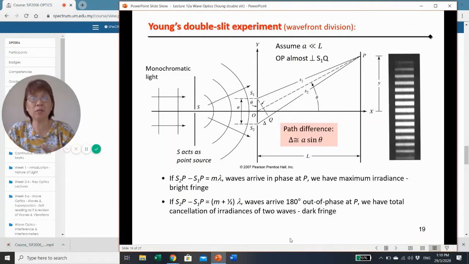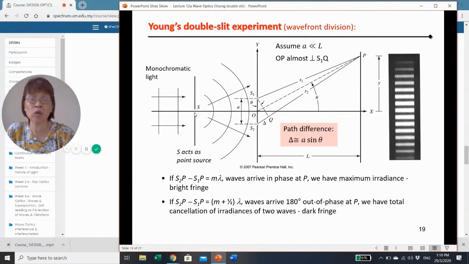We will now apply what we learned about interference to Young's double-slit experiment. And here, if we have a monochromatic light beam that's coming towards here, we let it fall on a single slit, and from this single slit, it will then create this spherical wavefront.